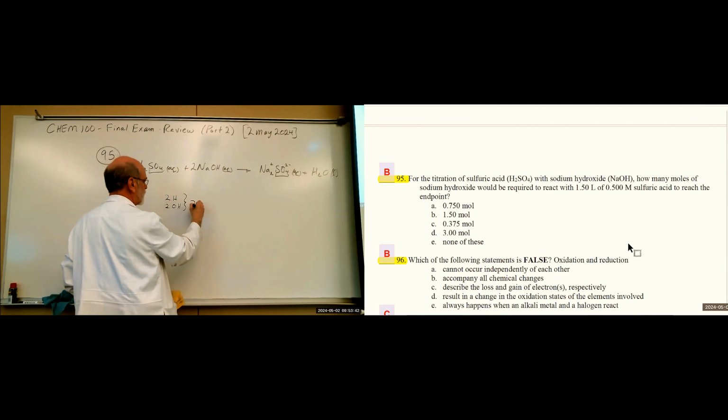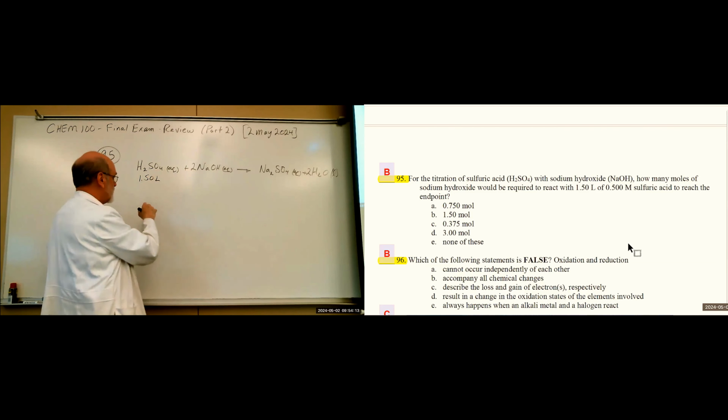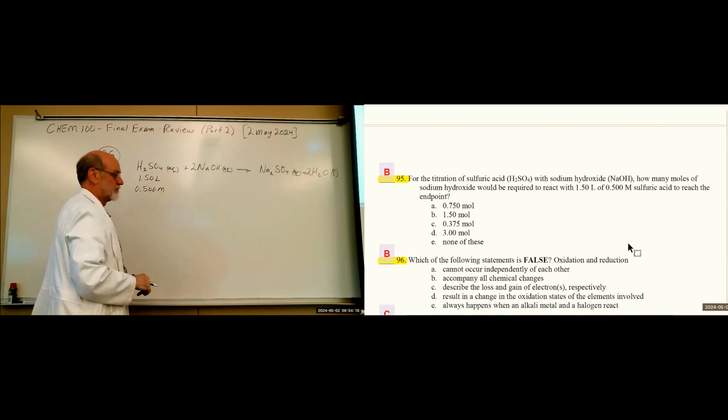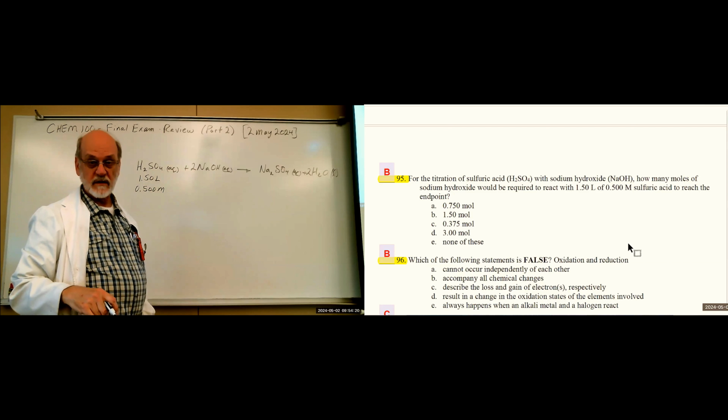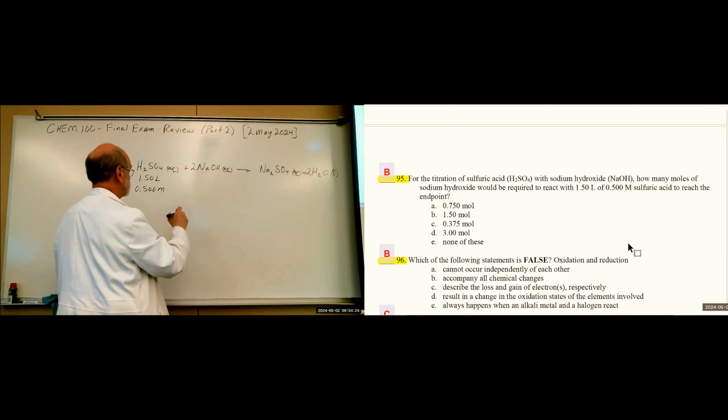Okay. So now we can look at the problem as a stoichiometry problem. 1.5 liters of 0.5 molar sulfuric acid. And the question is, how many moles of sodium hydroxide?